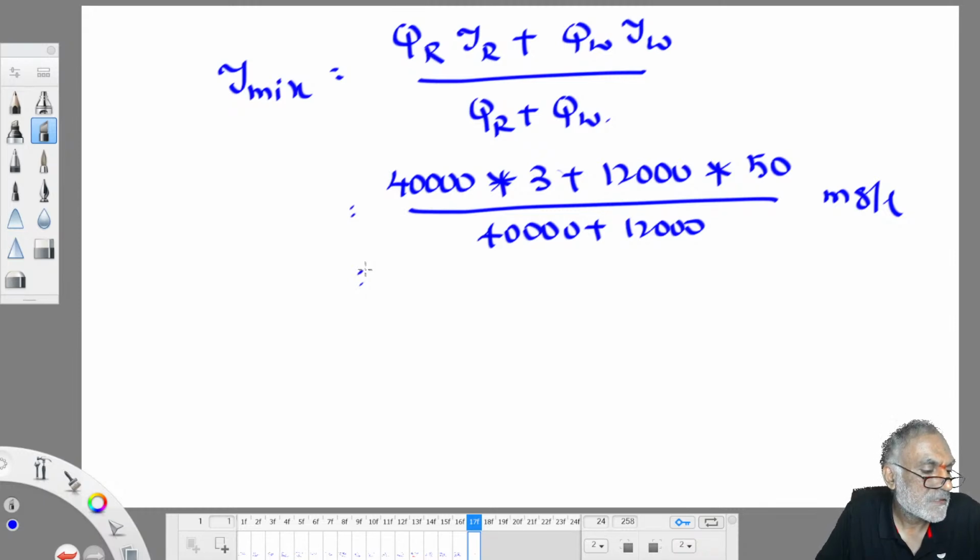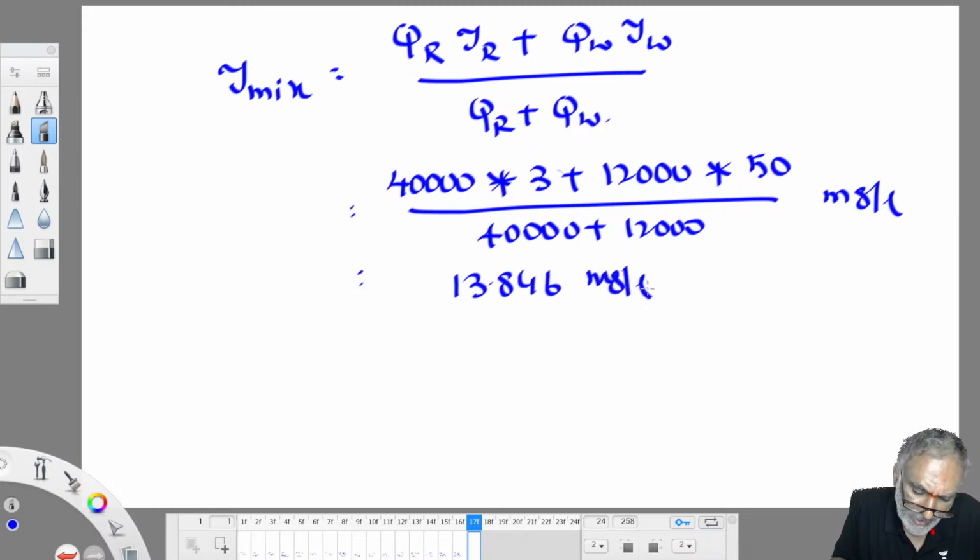If they are given in different unit systems, you have to convert them. So it is 40,000 into 3 plus 12,000 into 50, by 52,000. So it is 13.846 milligram per liter.